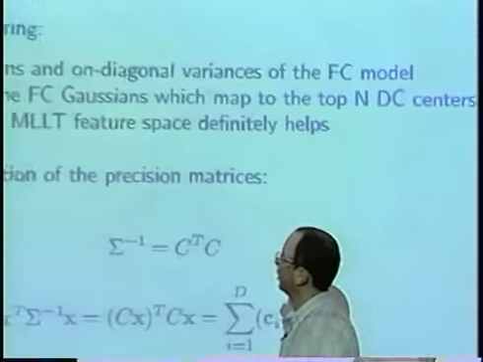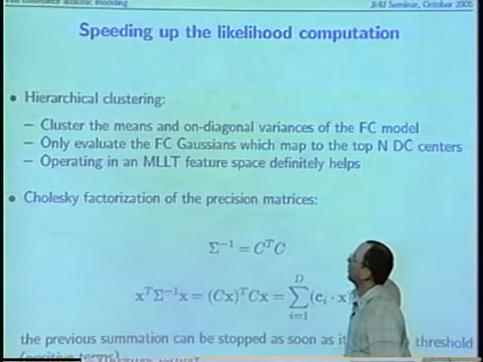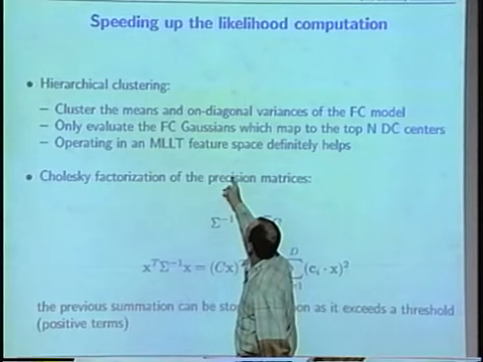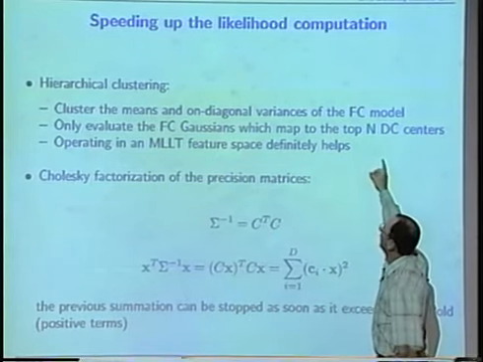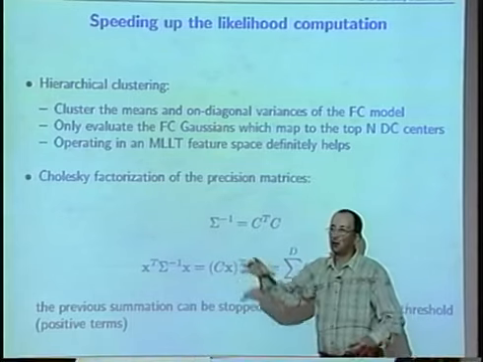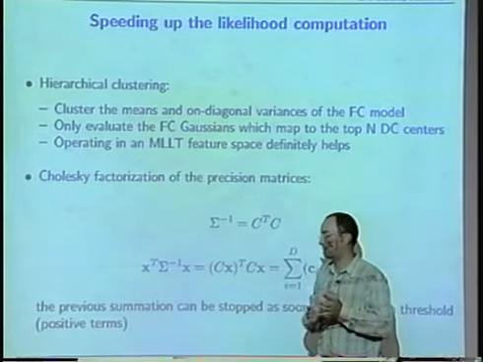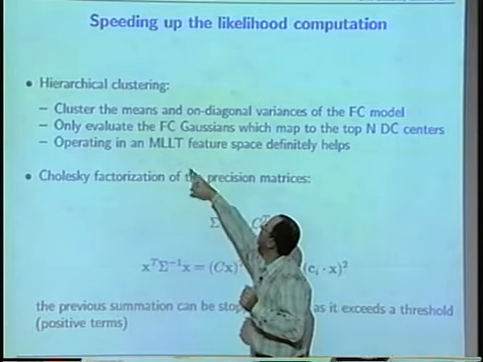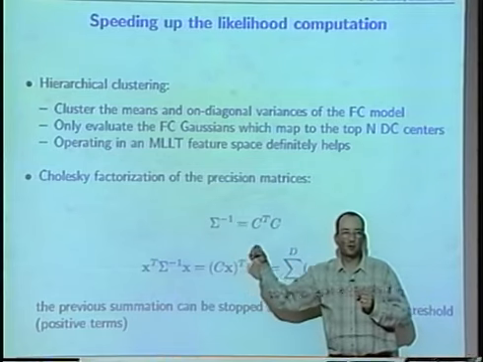So the way we dealt with the likelihood computation, we applied 2 ideas here. The first one was hierarchical clustering. You take the means and the on-diagonal variances of the full covariance model, and you cluster them again to something like 2,000 mixture components. Then at runtime, you only evaluate the full covariance Gaussians which map to one of the top n clusters.